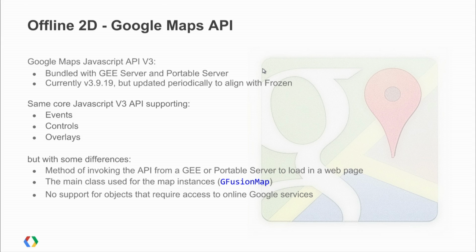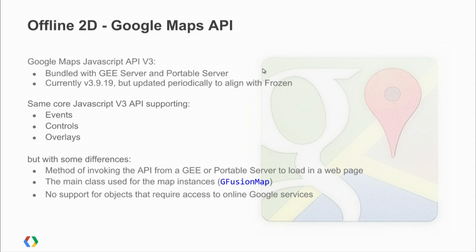And fundamentally, the version of the API that comes with the portable server is the same as what you find on google.com with respect to the events such as mouse over, click, double click. You have the same type of controls: zoom, pan, scale, plus all the custom controls. You have overlays such as symbols, markers, polylines, etc.